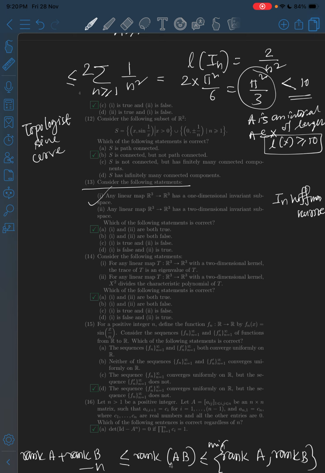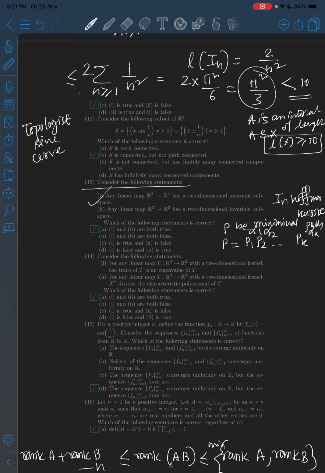The theorem is saying that if you have a linear map T on a finite dimensional real vector space V, and let P be the minimal polynomial, and you write P as P1 power alpha 1, P2 power alpha 2, up to Pk power alpha k, with the Pi irreducible factors.